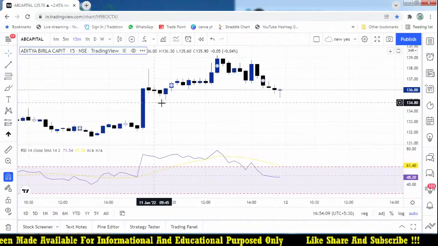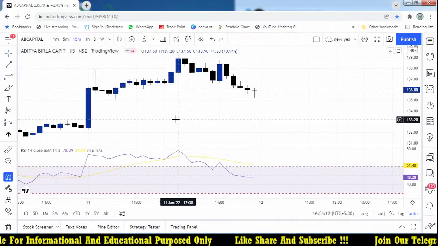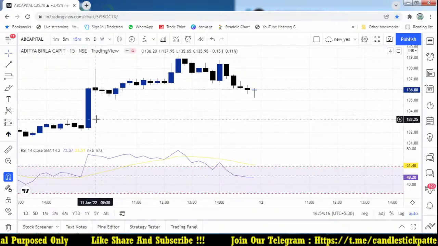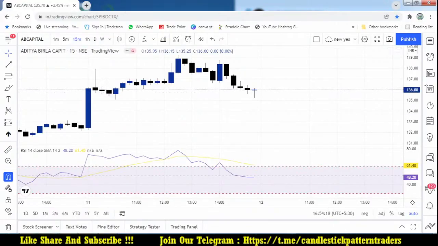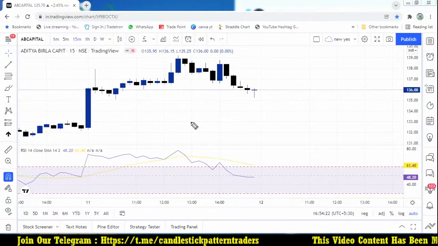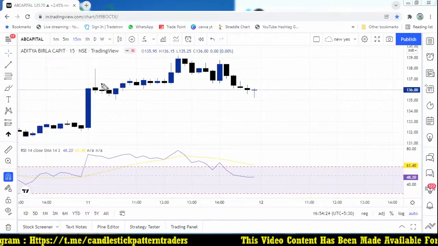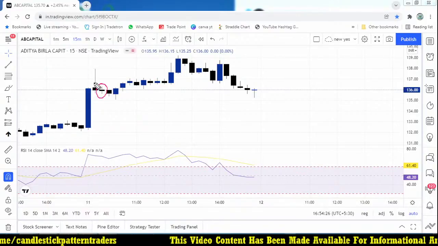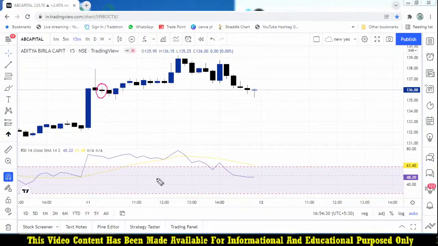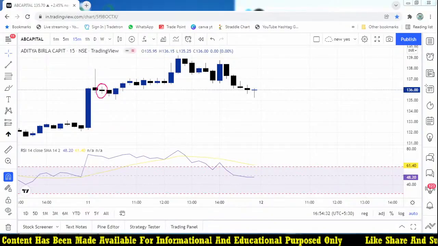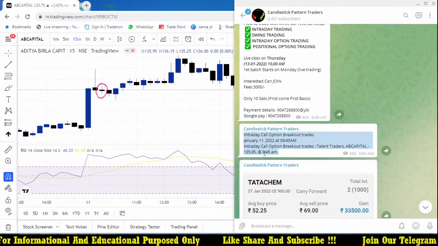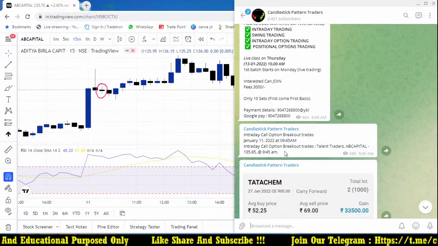Can you see here, at this point of time, the RSI on all the time frames is above 60. This particular candle is 9:45 to 10 o'clock. Many people have doubts: the alert you get in the scanner, in the Telegram, its timing is 9:45, right?